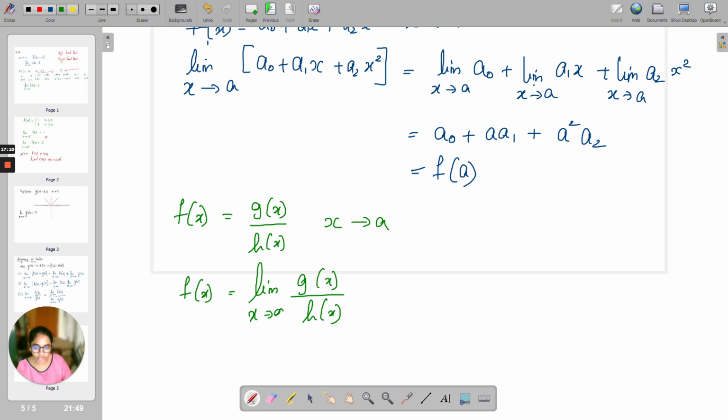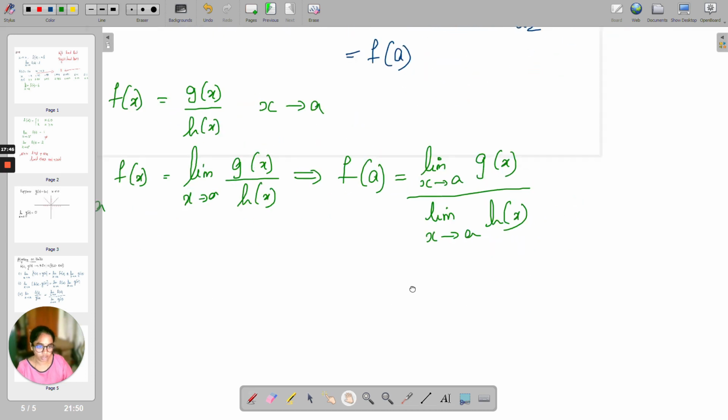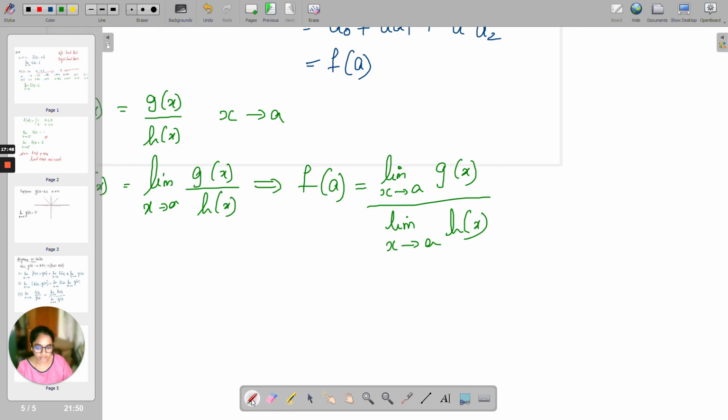You can even apply limit over here, x tending to a. So what can I write this as? Replace x with a. But how would you solve the RHS? From the algebra on limits, can I write it as divided by limit x tending to a, h of x? So now in the place of x, replace it with the limit, that is a.